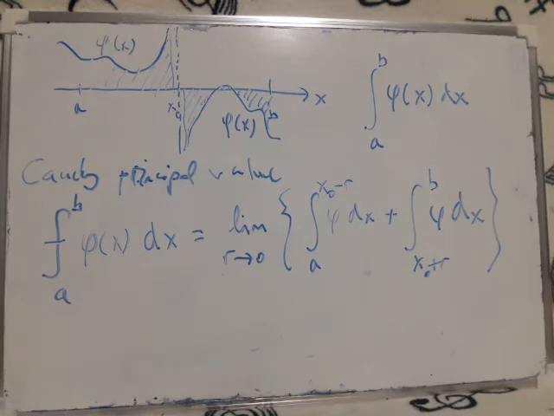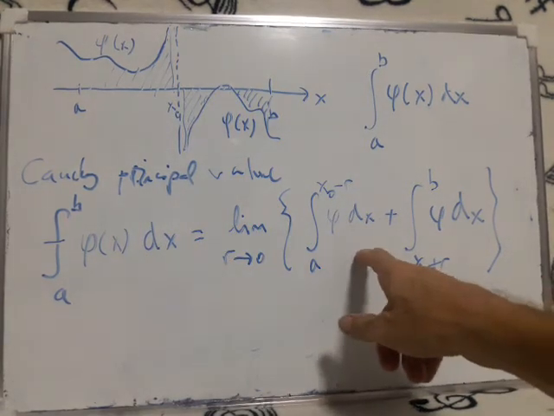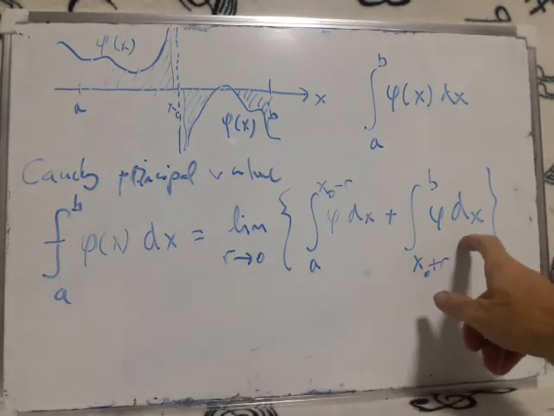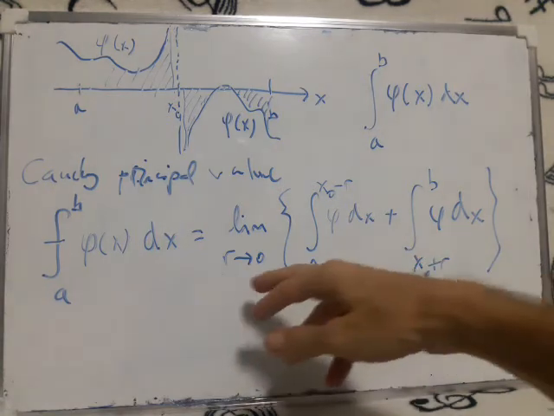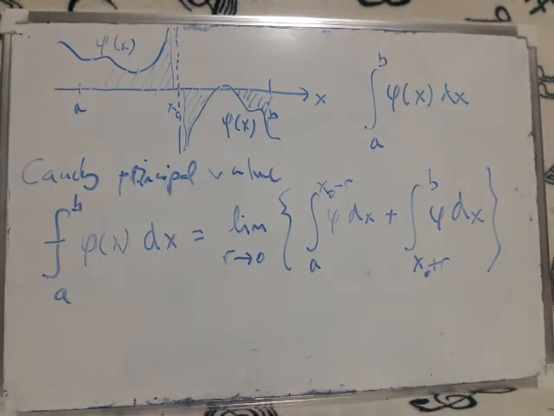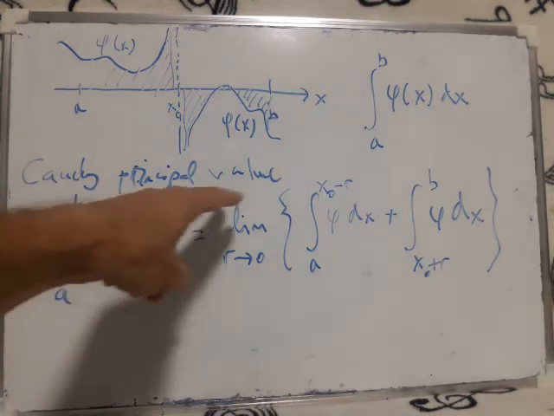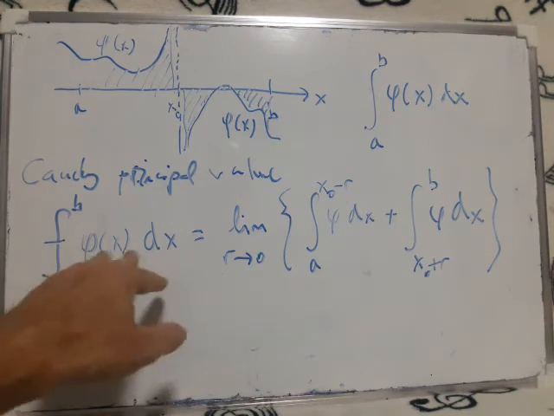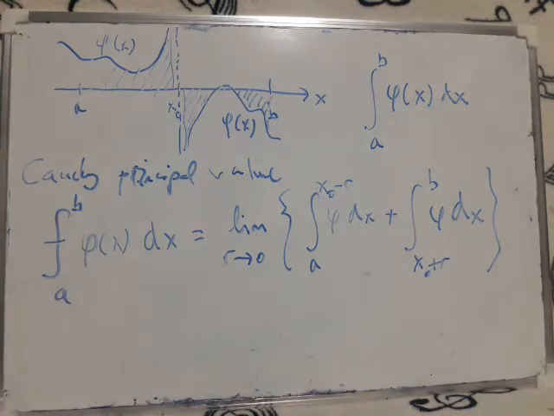So then we evaluate this, and look at the sum, and then take r goes to 0 and see what we get. If we get a definite answer, then the Cauchy principal value of this integral is defined as that limit. If the limit's infinite, then there's no Cauchy principal value, it's not defined.